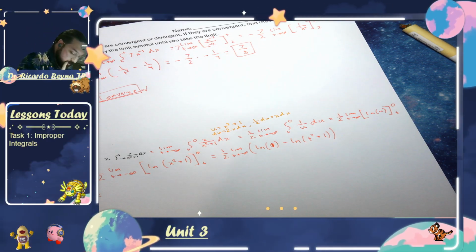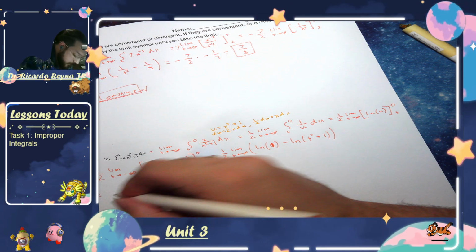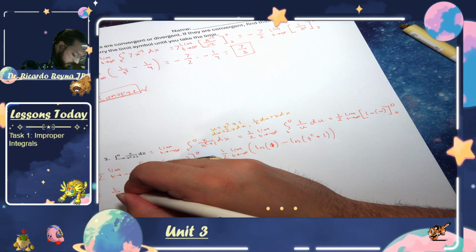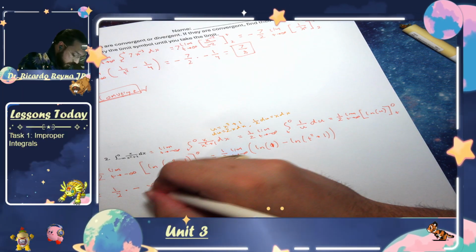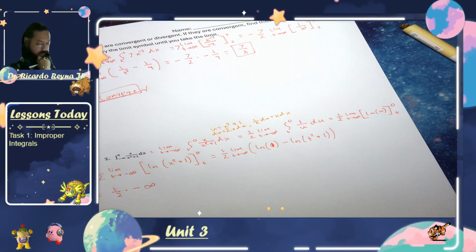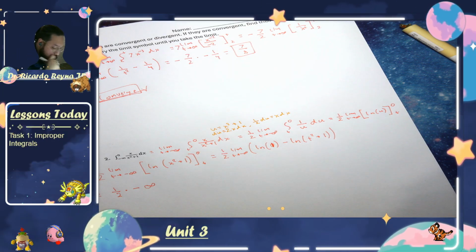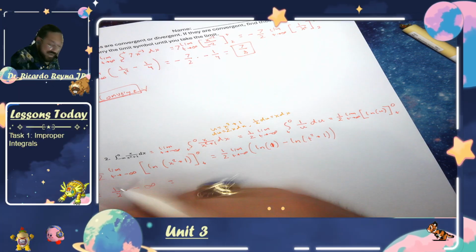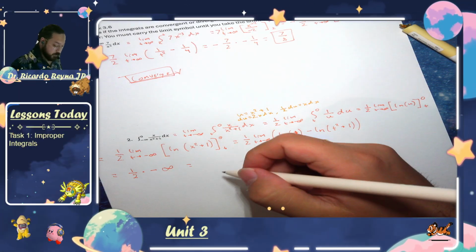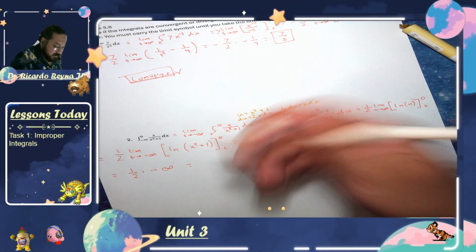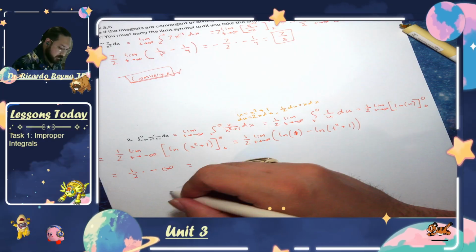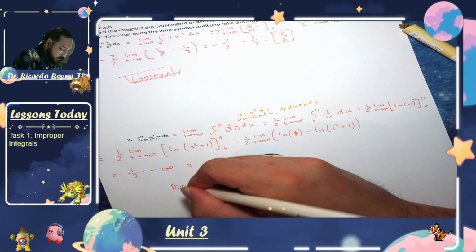So we can just rewrite this as 1/2 times a negative infinity. And wouldn't you know it, that is not an actual number. Even though you're multiplying it by a half, it's still going to be infinity, so the whole thing doesn't matter, and this diverges.